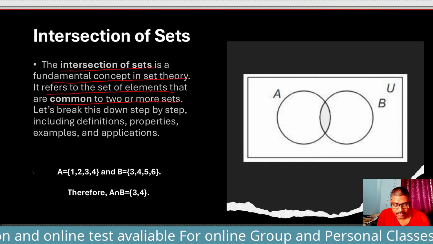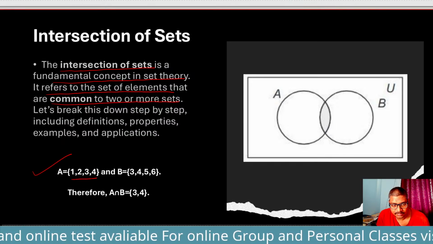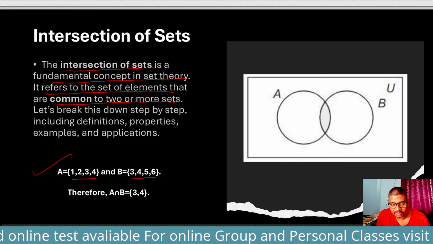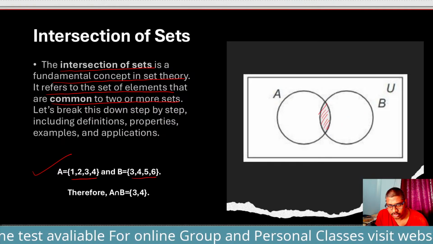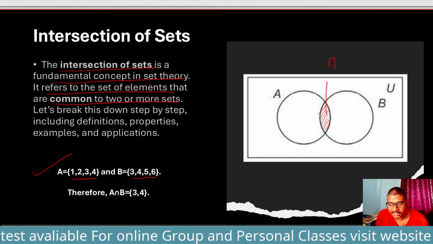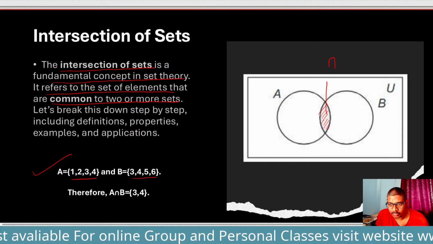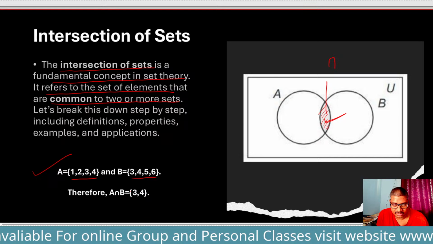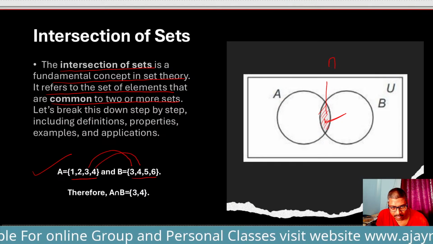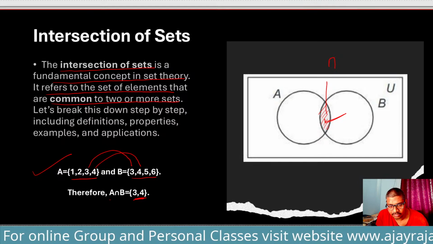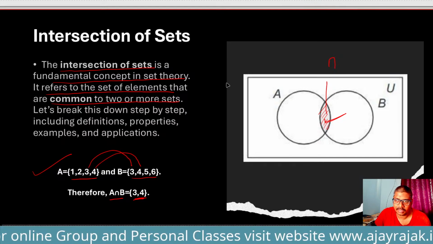Suppose we have a set A here 1 2 3 and set B here 3 4 5 6. You can see their Venn diagram. So what is the common region? This region is common, so this represents our intersection. Whatever elements come in this intersection, like 3 and 4, make the set A intersection B, correct?